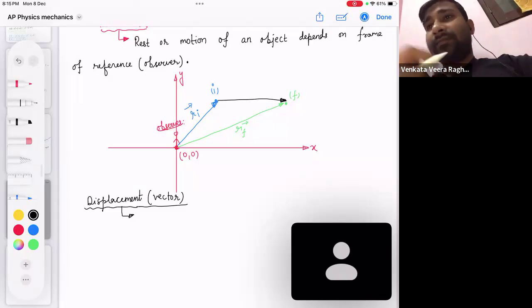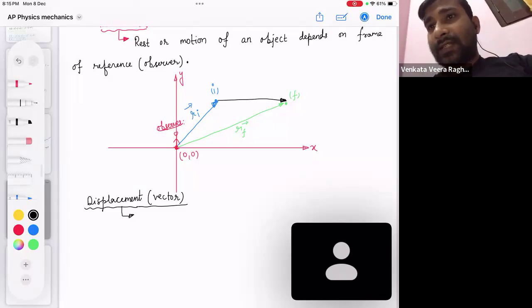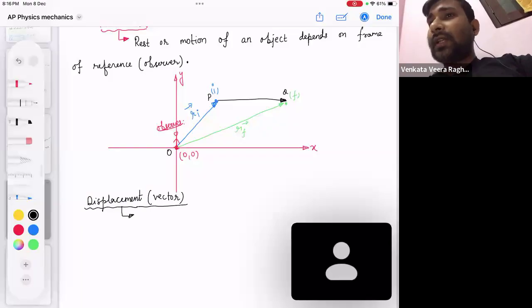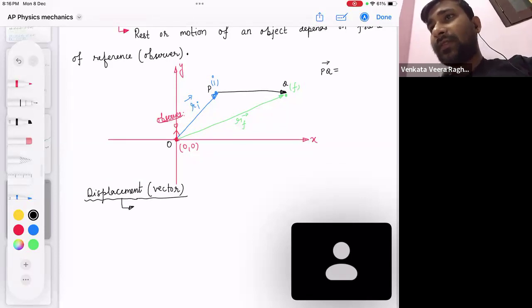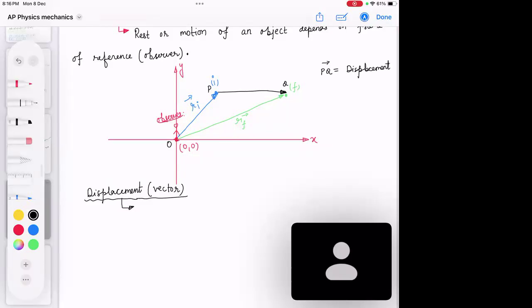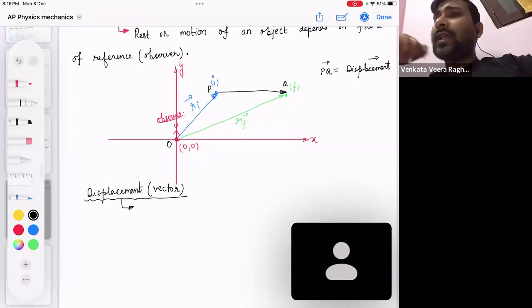See that, if I write the symbols here, this is O, this is P, and this is Q. Is this PQ vector the displacement vector for us? Check it. Can you write the PQ vector as OQ vector minus OP vector? I will tell you how it comes.